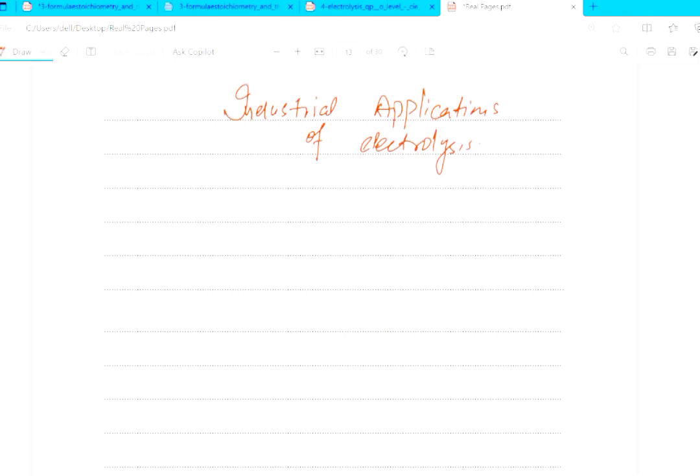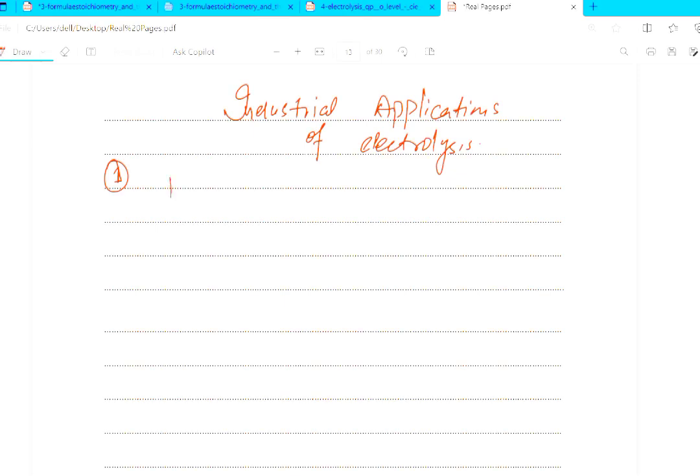There are two main applications which we study. One is the purification of metals, like copper. Mostly copper has to be taken in the pure form to keep its conductivity up to the mark.